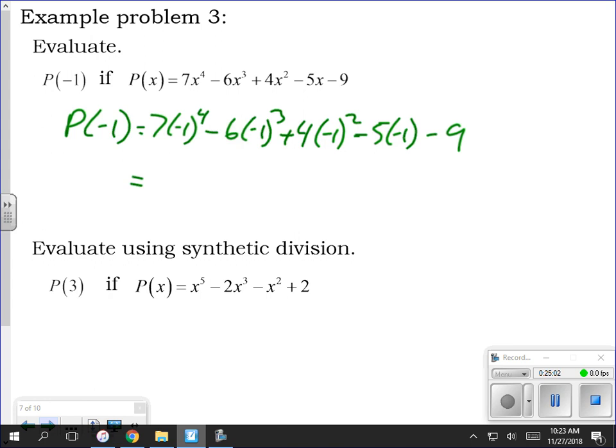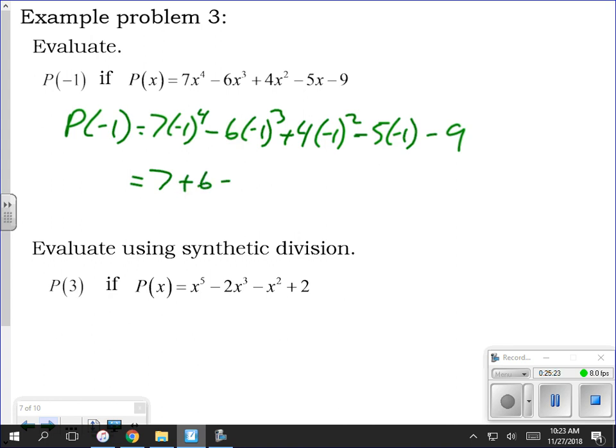Well, negative 1 to the fourth is positive 1. Negative 1 to an even power is positive 1. Negative 1 to an odd power is negative 1. That's extremely easy. You're welcome. So I have 7. Negative 1 cubed is negative 1. Negative into negative means that's plus 6.